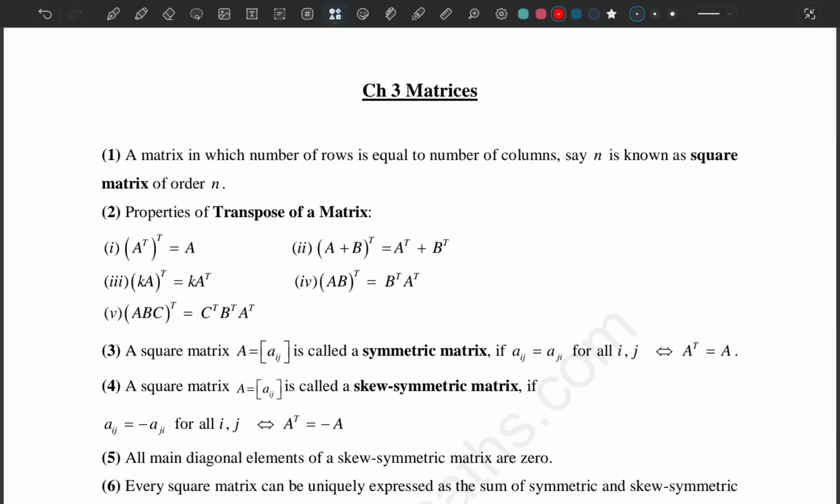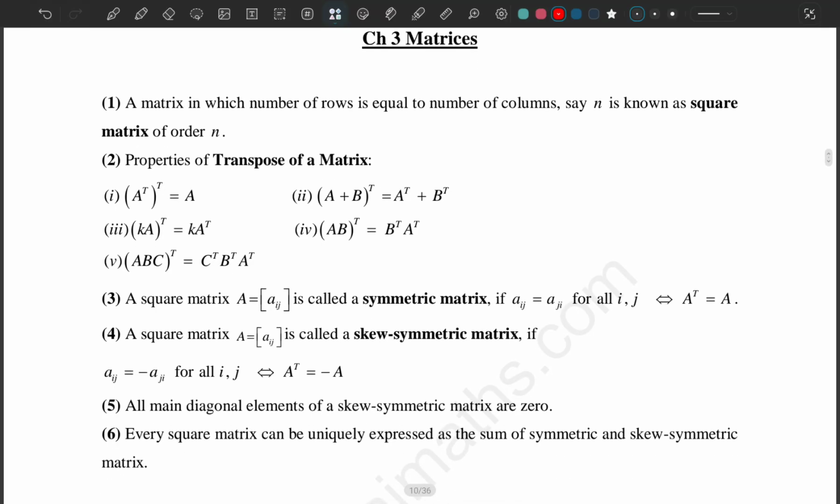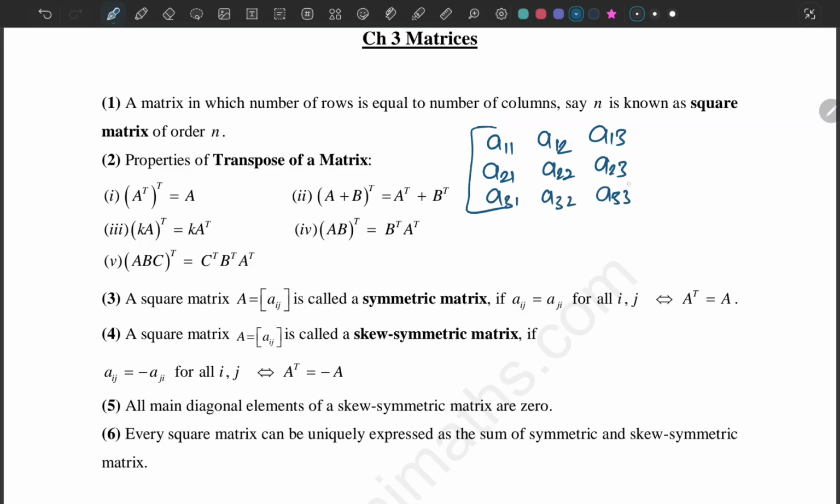Now we're moving towards the second chapter, that is matrices. The transpose of a matrix: let's say this is A, with entries a11, a12, a13, a21, a22, a23, a31, a32, and a33.